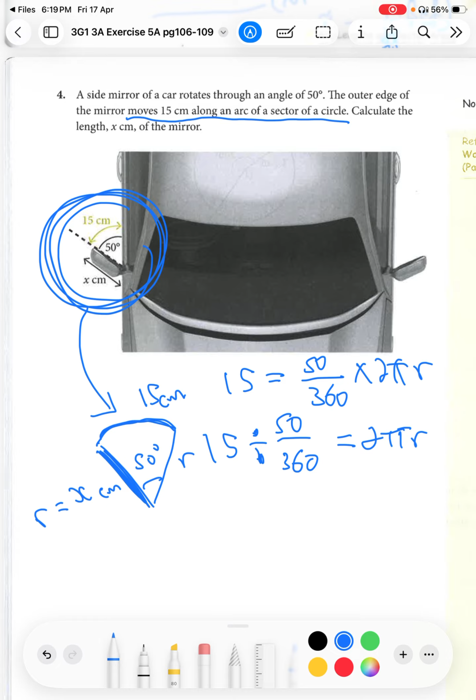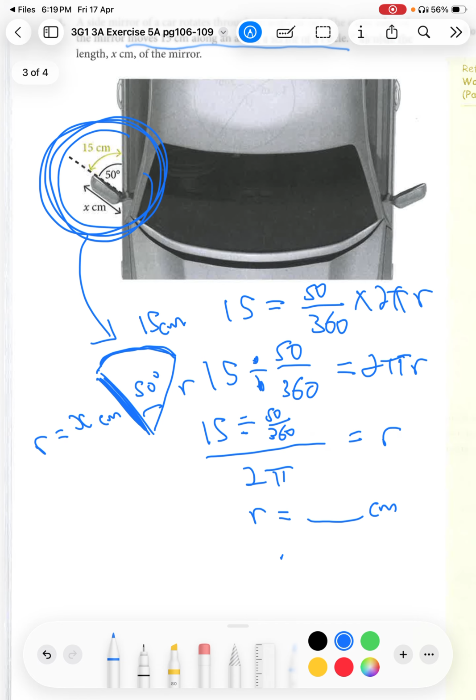You can press answer first. The next thing I don't want is the 2 pi. I bring it over, which is divide. You can divide the whole thing by 2 pi, then you press the calculator, and then you get the radius in cm. Then again, which is not exact, you can round off to 3SF. And that's your answer.